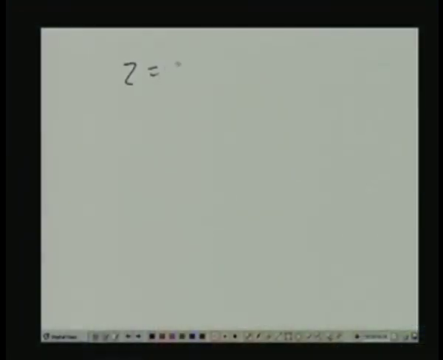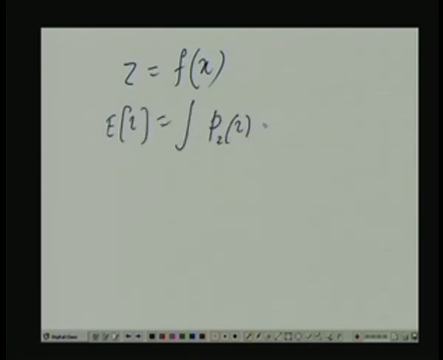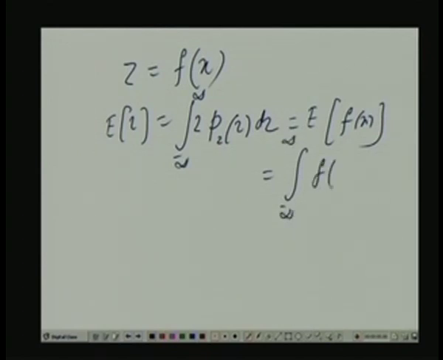If Z was given to be a function f of random variable x, then we have shown that E of Z, which is nothing but E of f of x, is the integral of f of x multiplied by p of x dx. We have also proved it.